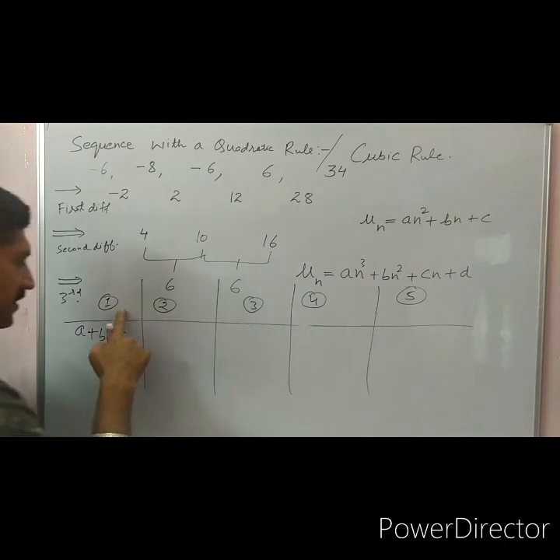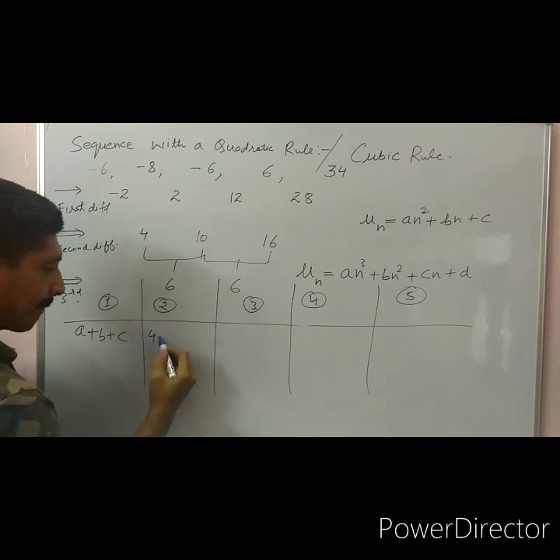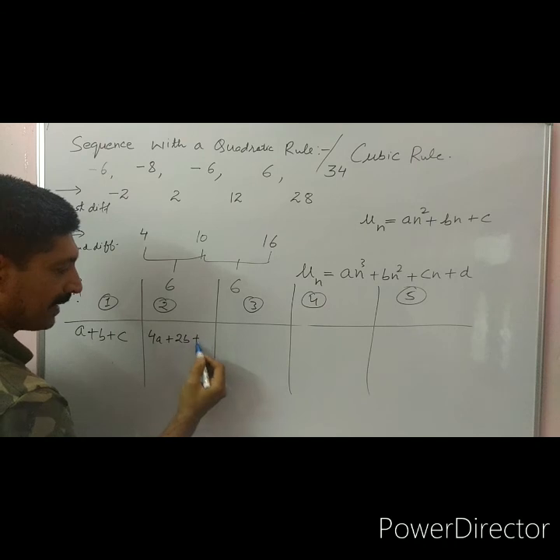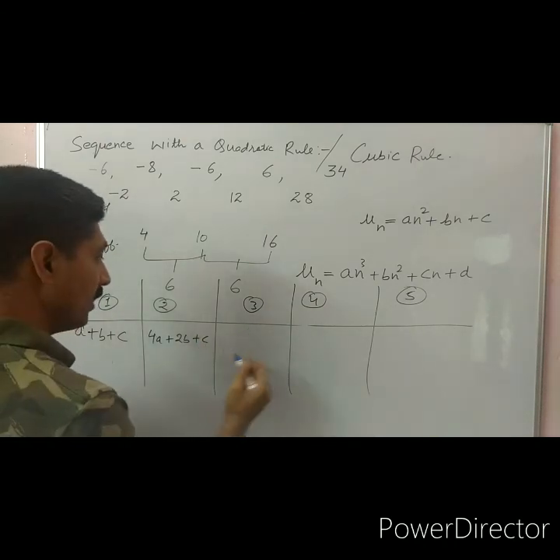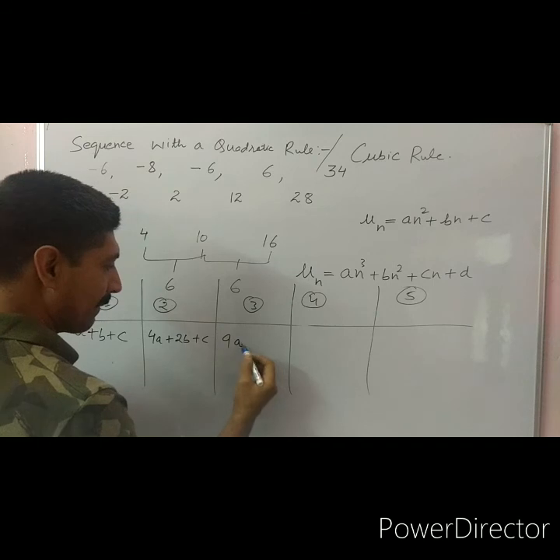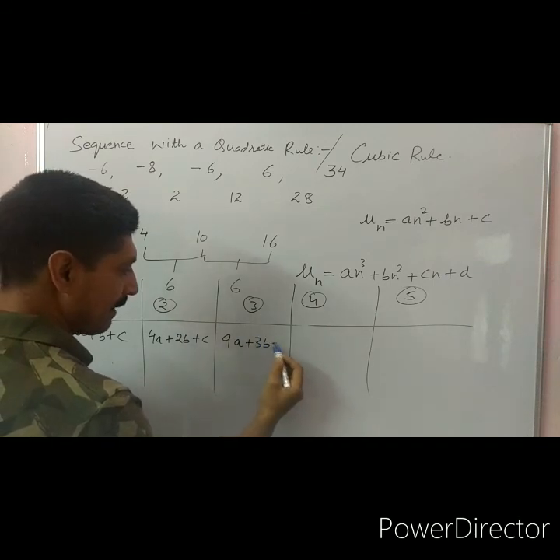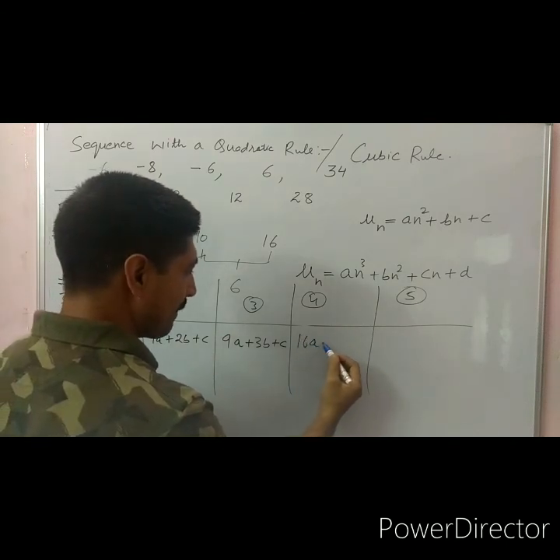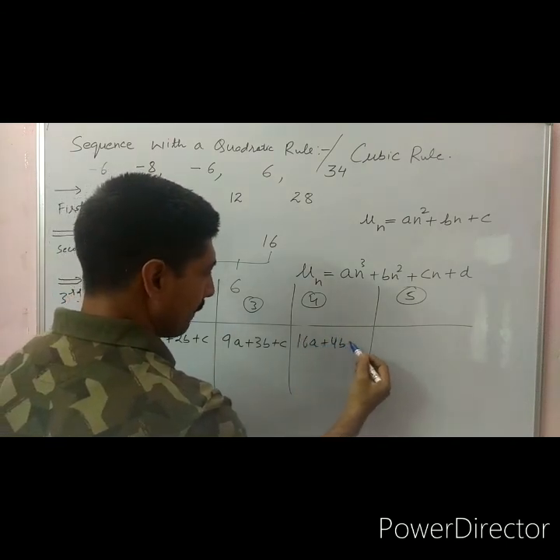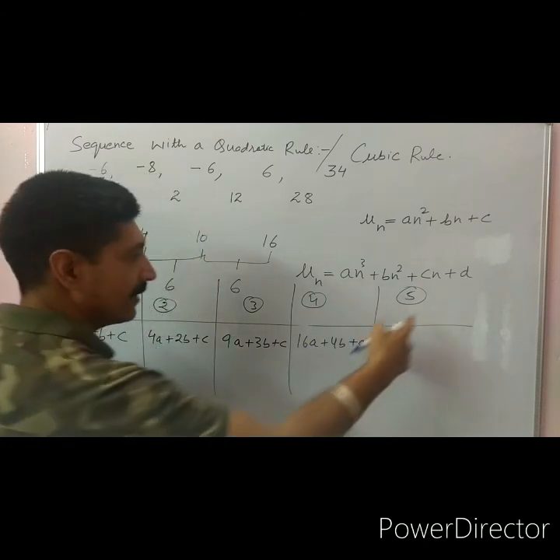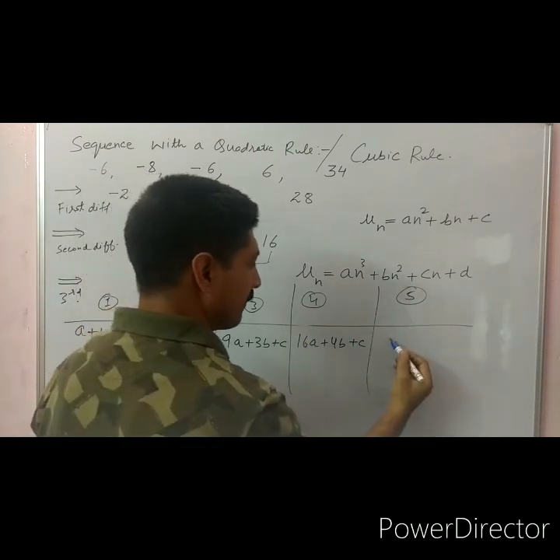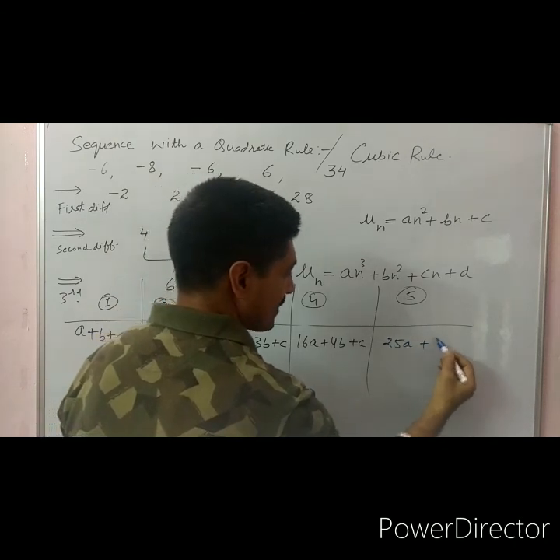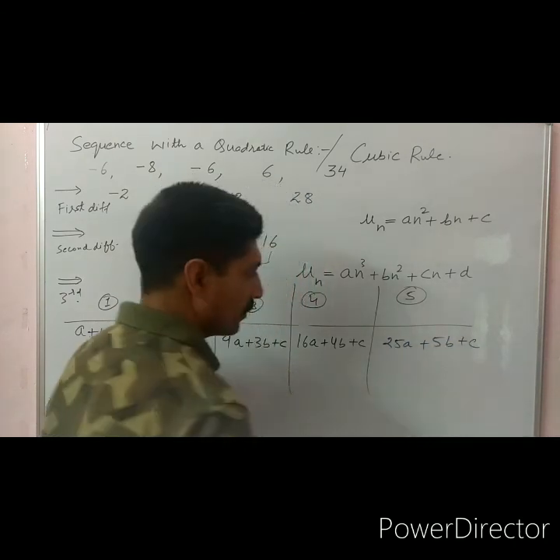The second is 4a plus 2b plus c. The third is 9a plus 3b plus c. The fourth is 16a plus 4b plus c. And the last, the fifth, is 25a plus 5b plus c.